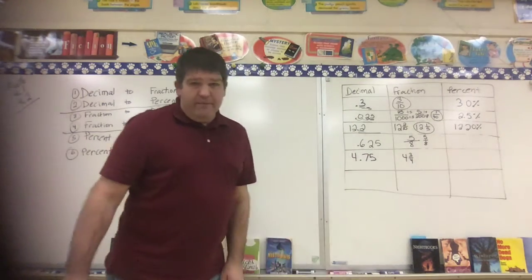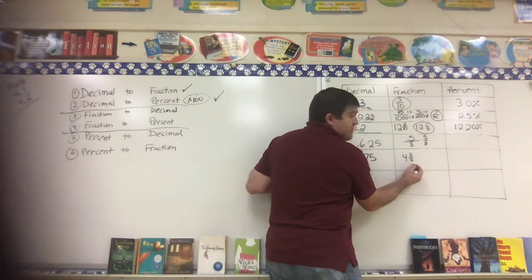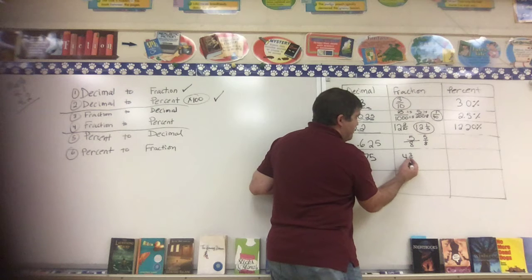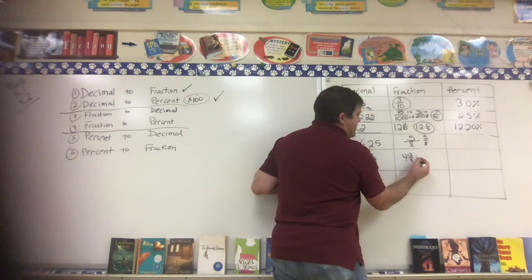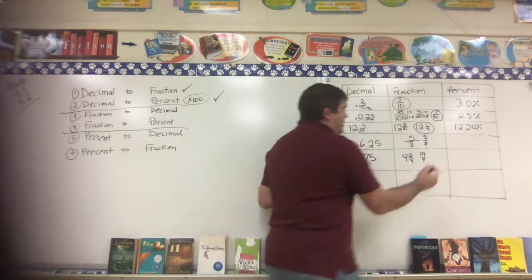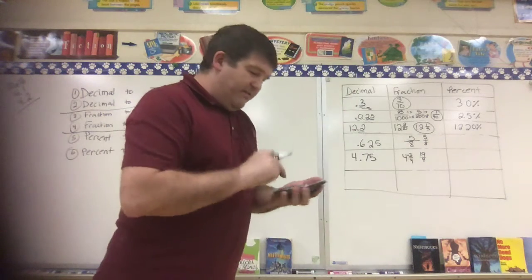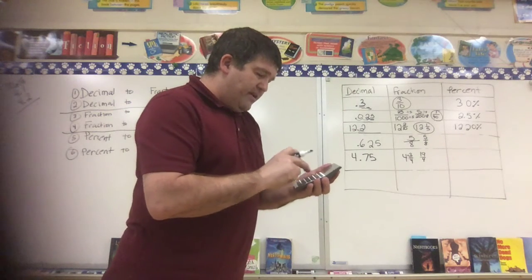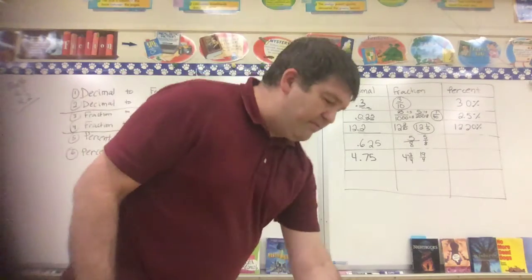So you could do it that way, or you could change this into an improper fraction. 4 times 4 is 16, plus 3 is 19. 19 over 4. And then you take the 19 divided by 4, and you get 4.75.